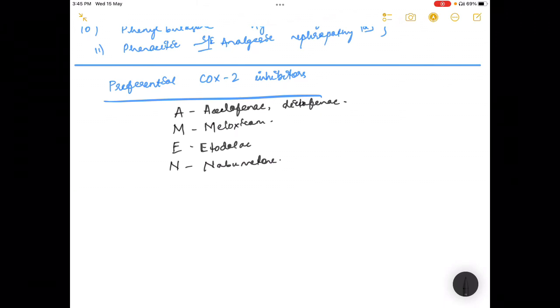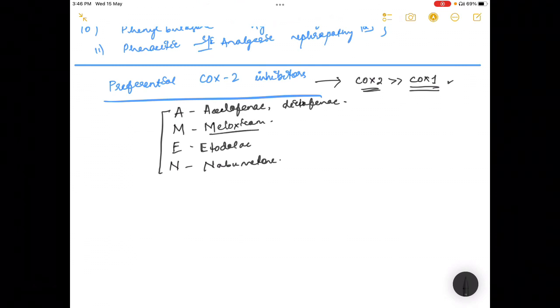The only thing is that they inhibit COX-2 more than COX-1, or they are preferential in inhibiting COX-2 more than COX-1. The names of the drugs are AMEEN: aceclofenac and diclofenac group of drugs, meloxicam, etodolac, and nabumetone.